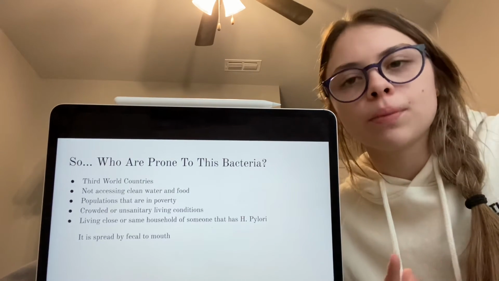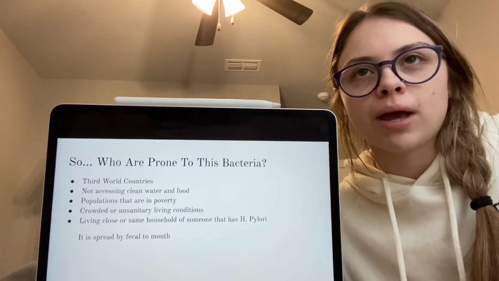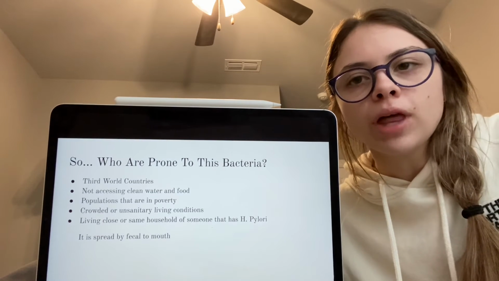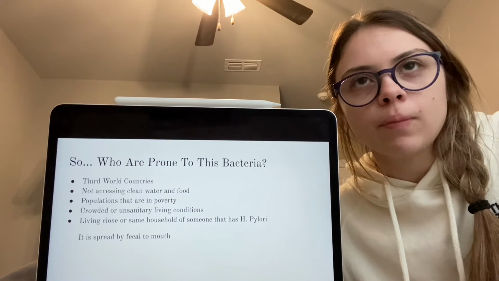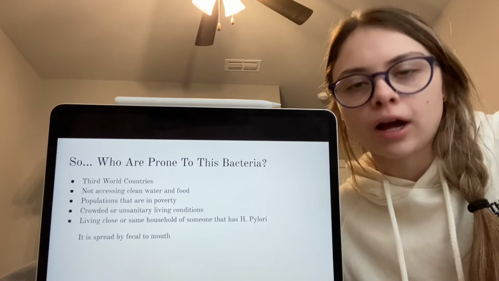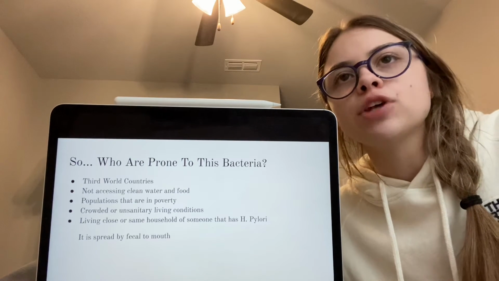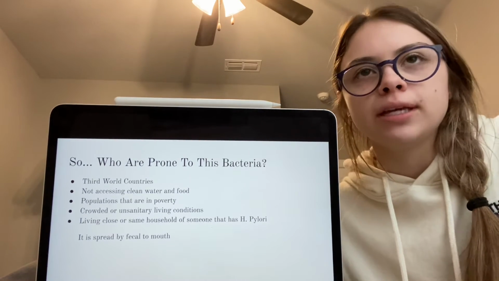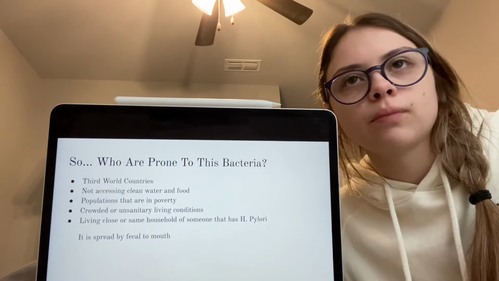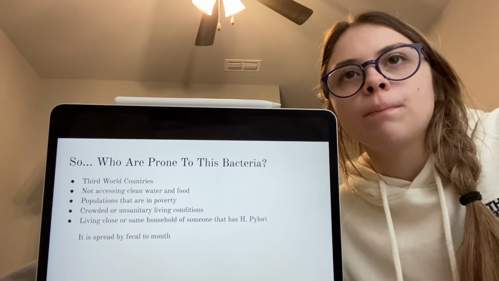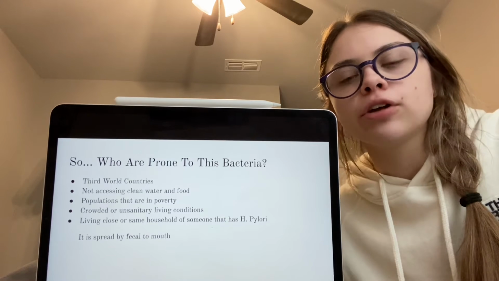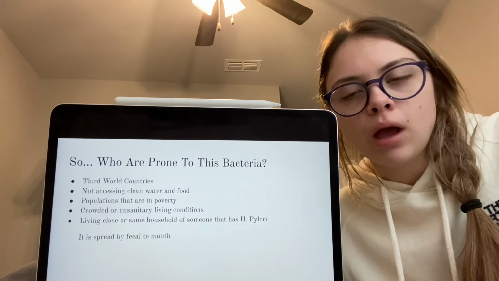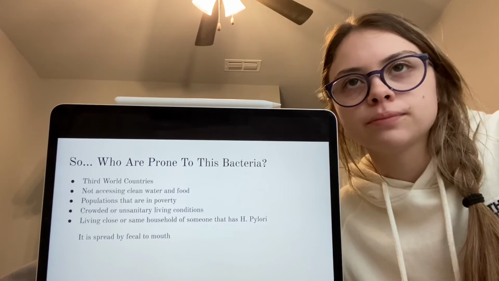So who is prone to H. pylori? People that are prone to H. pylori live in third world countries. They don't have access to clean water or food. Populations that are usually in poverty have H. pylori.